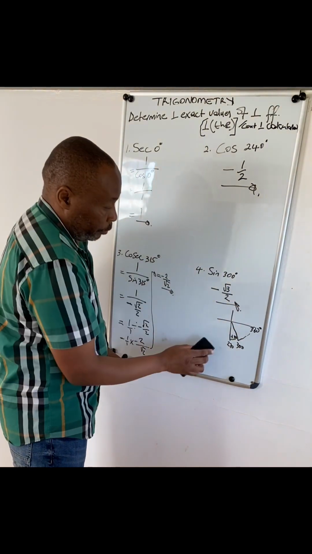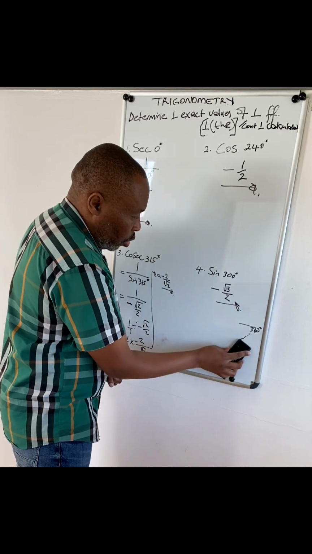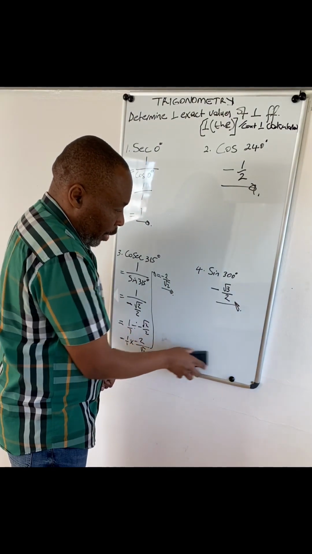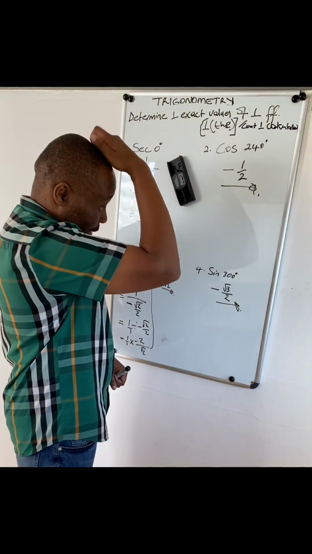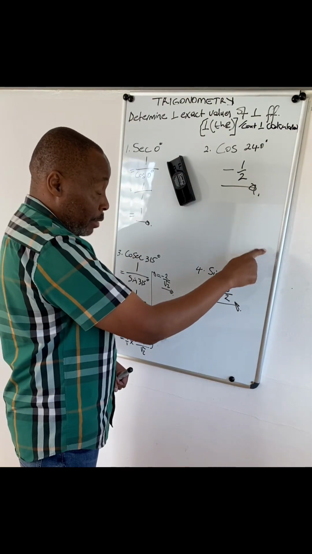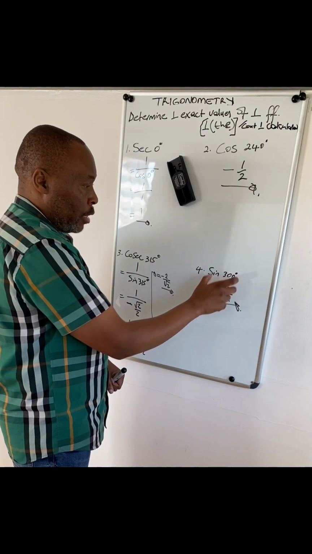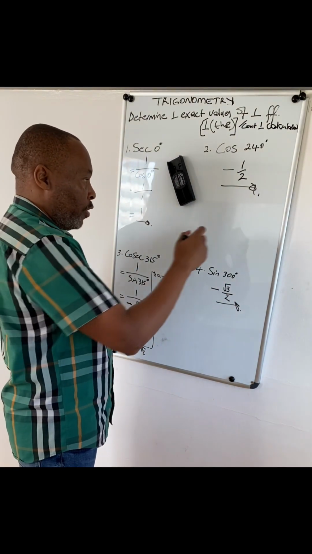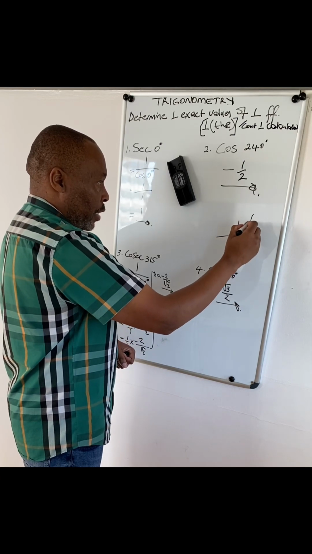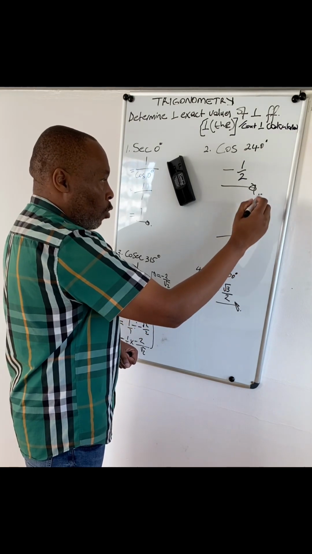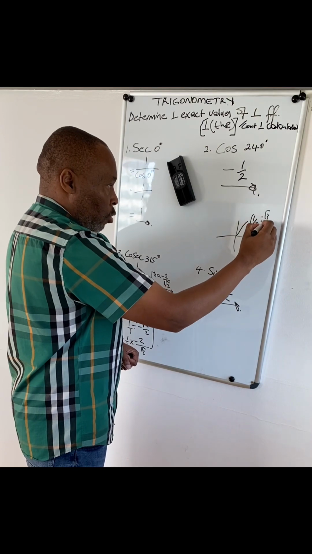I just wanted to show you why I'm using 60 as my reference point, because 360 minus 60 gives me 300. So I'm using the ratios of 60. Here is a 60, and the ratios of 60: x is half, y is root 3 over 2.